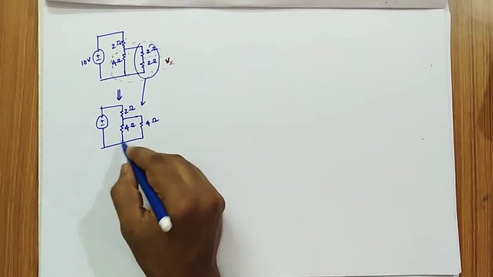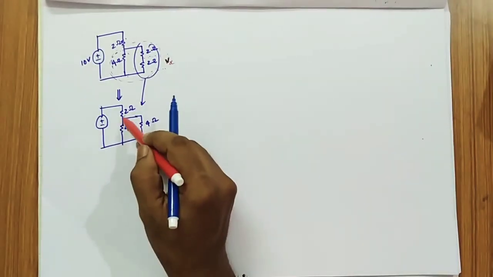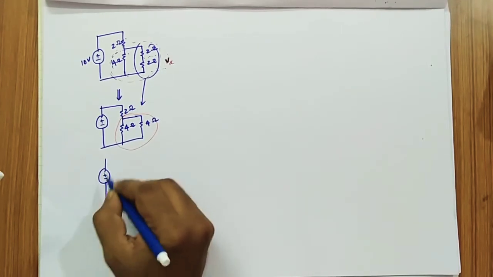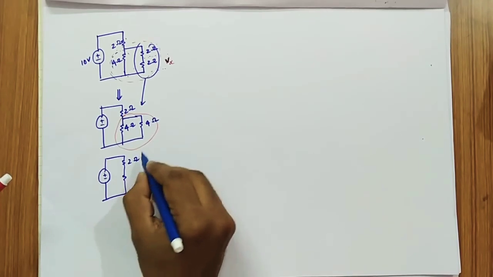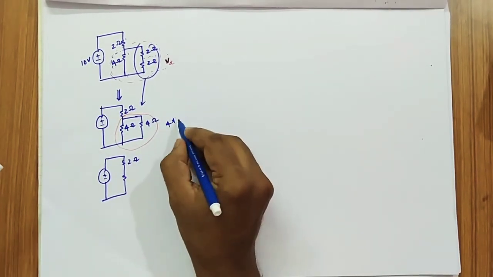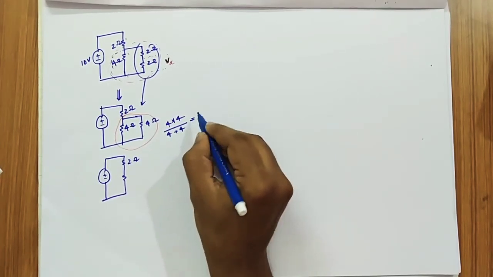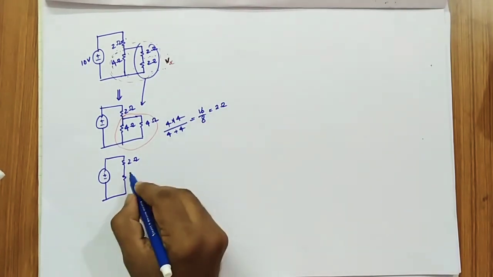These 4 ohms and 4 ohms are connected in parallel, so we reduce them into one resistance. When elements are connected in parallel, you have 4 into 4 by 4 plus 4, that is 16 by 8, so you have 2 ohms. You replace this with 2 ohms.